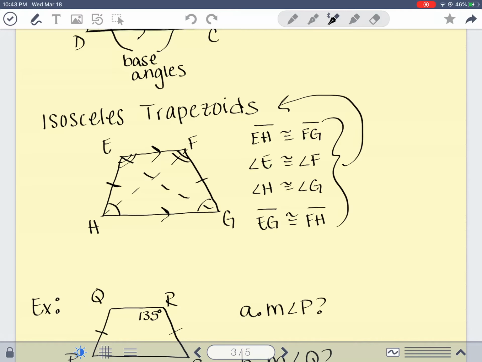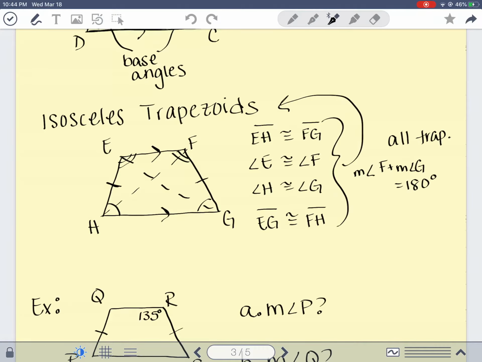Now, something that I should probably mention that is with all trapezoids is that consecutive non-base angles add up to 180. So, for instance, the measure of angle F plus the measure of angle G is equal to 180 degrees.